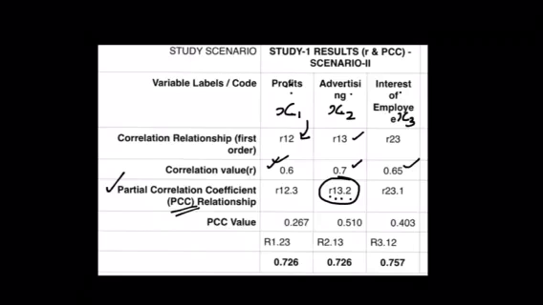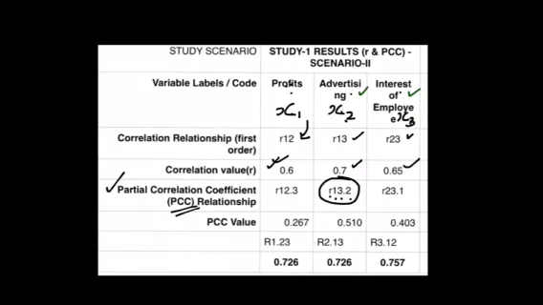And the third correlation relationship we have here is that of R23, which obviously means the relationship between x2 and x3. That is the relationship between advertising and interest of employees.